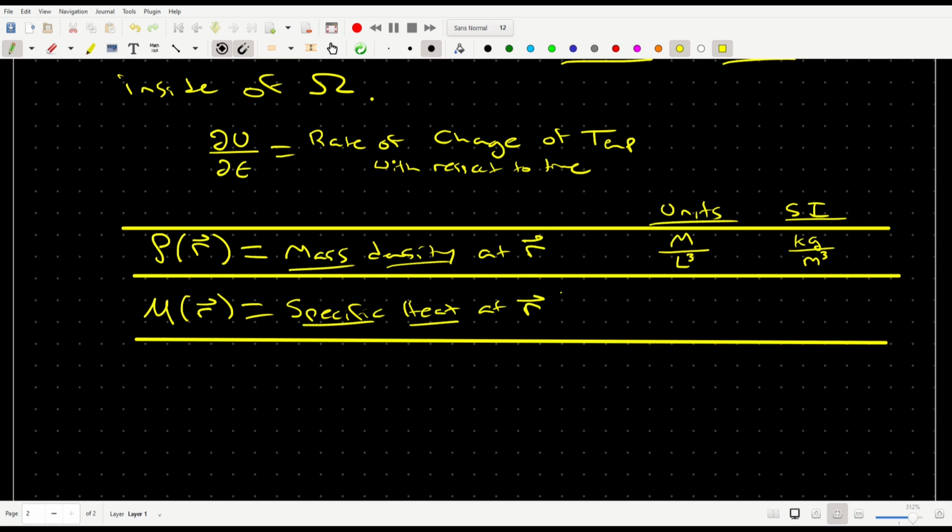In order to make everything work out correctly, this is measured in units of energy over temperature times mass, or in SI units, joules per degree Kelvin per kilogram.